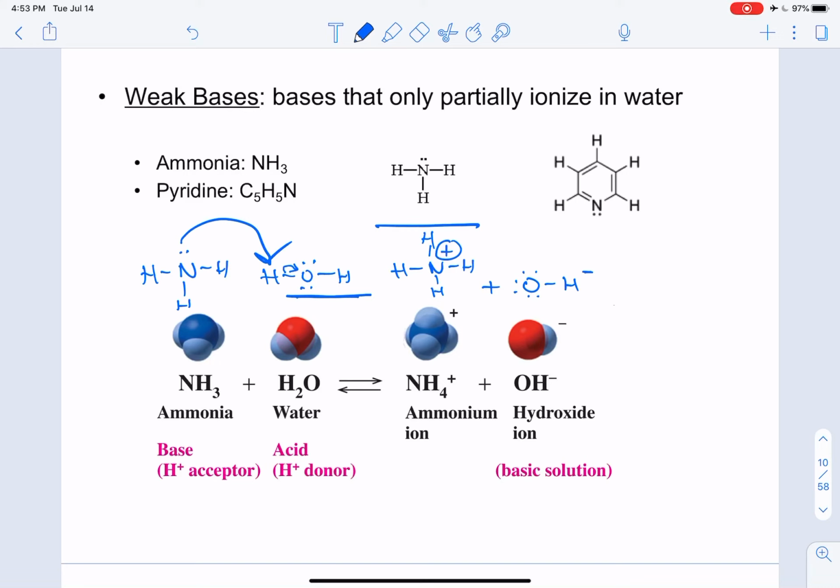So it behaves as a base because it increases the concentration of hydroxide. So that's why I like to call them sneaky bases, because it's not really obvious that they're bases because you don't see that OH. So if you want to identify weak bases, it's often the ones that contain nitrogen.